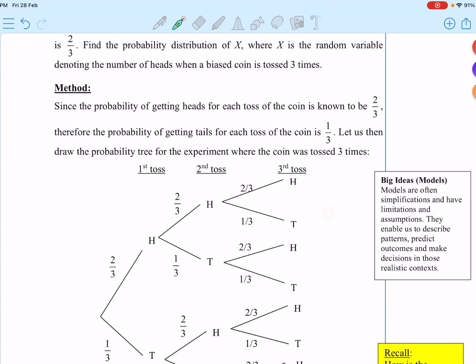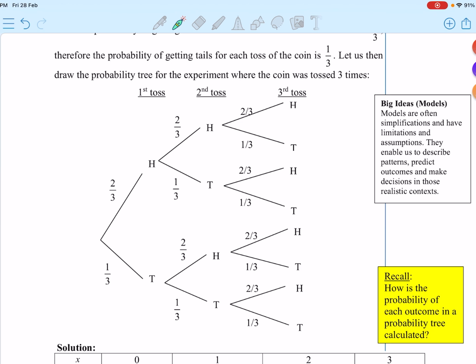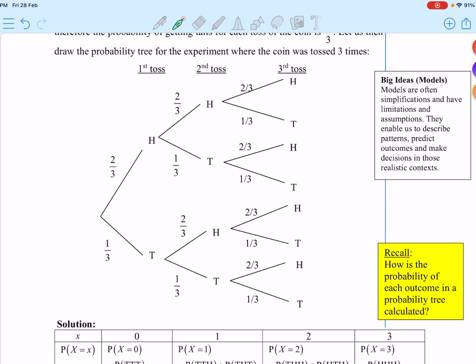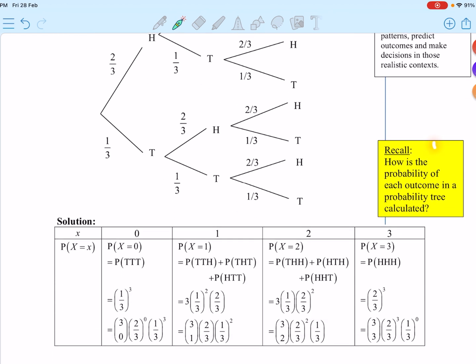So the idea is we can represent the probability of getting heads in this tree diagram as follows. The probability distribution can be represented in a table in this form. There are 2 things that you need.